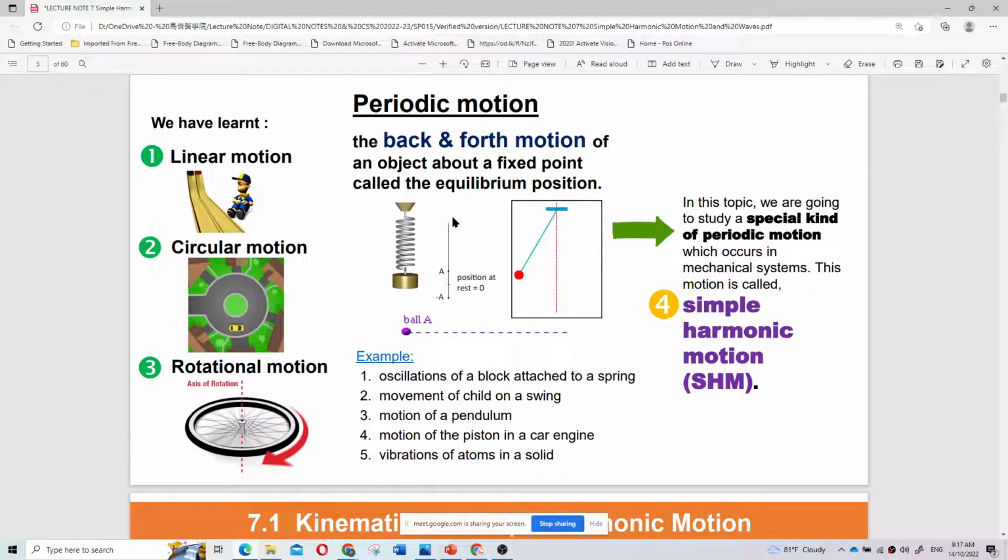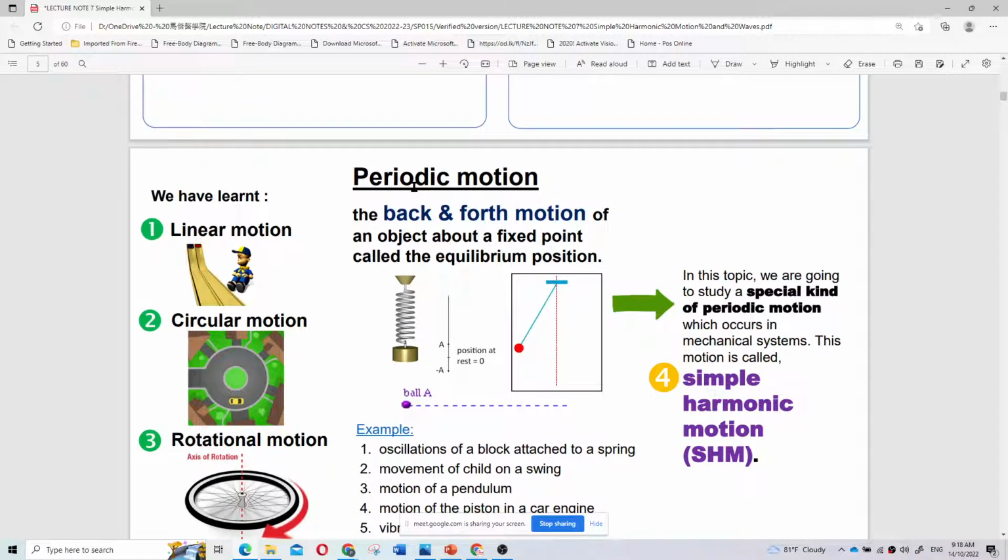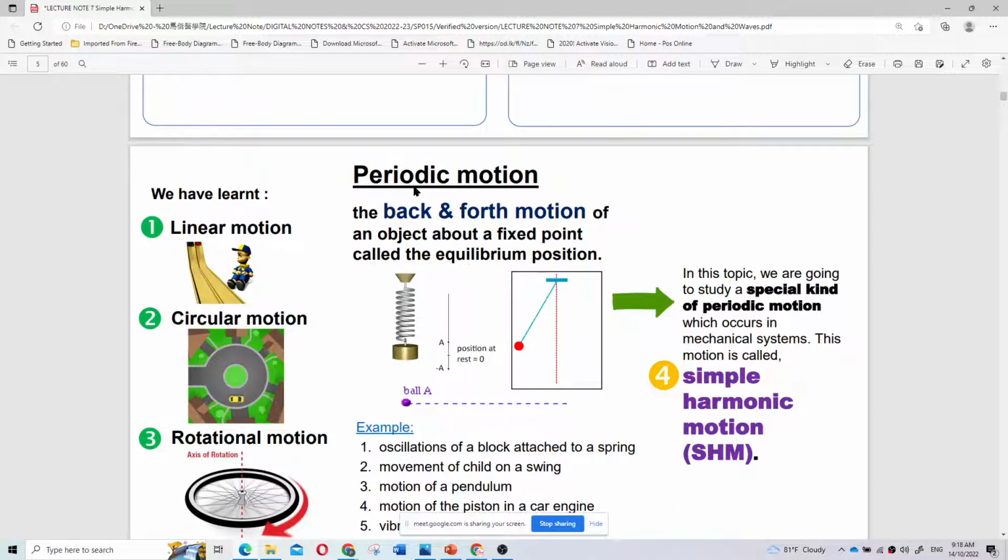Okay, good. So now let's talk about what is actually simple harmonic motion. Simple harmonic motion is a periodic motion. You know what is periodic? Periodic means it has a certain period.